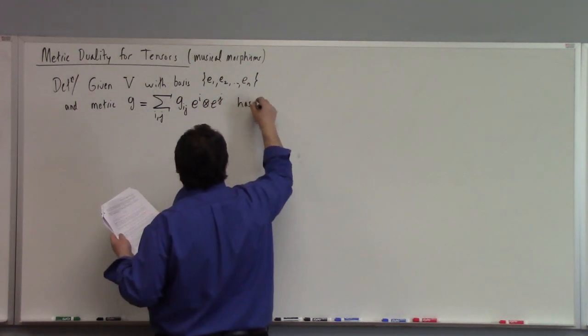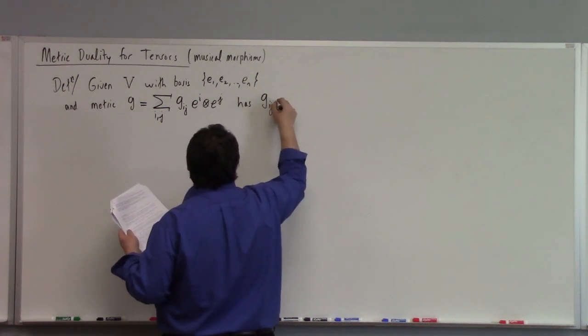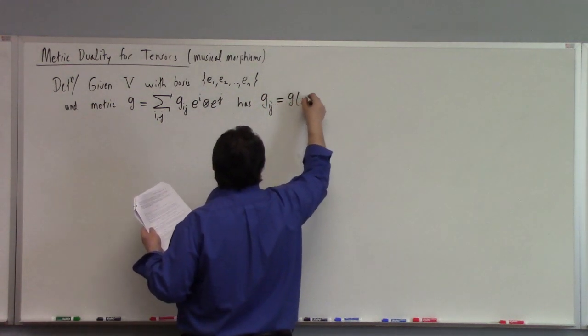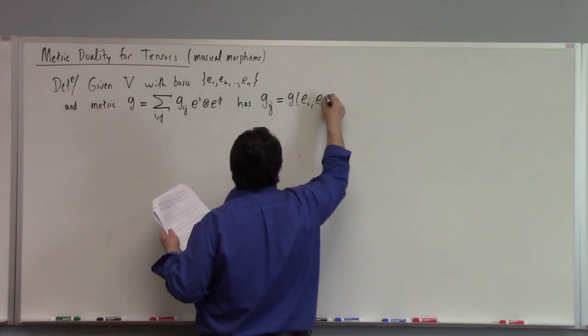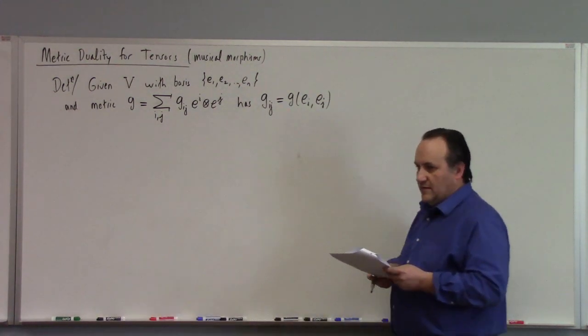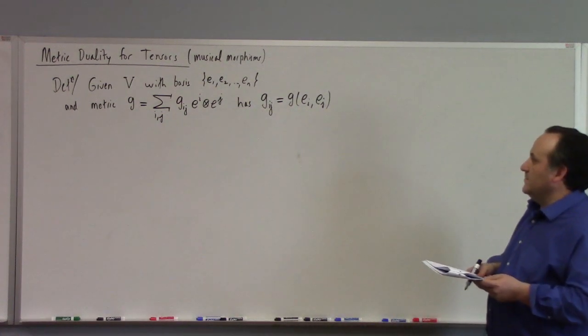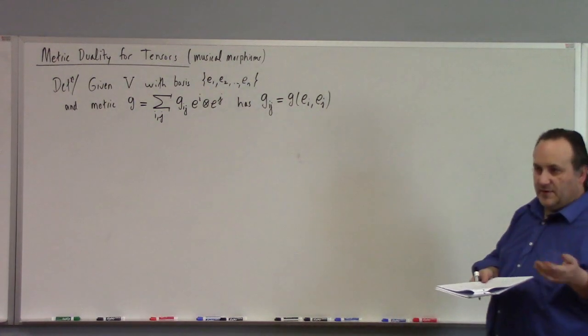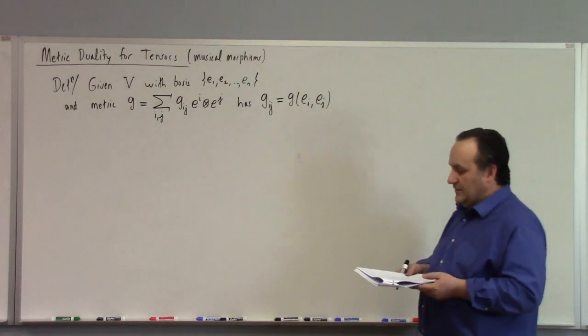How's Gij equal to? That's equal to G of E lower i, E lower j, per our discussion last class. I'm not saying anything really new here. You know that this is symmetric as well, because it's a metric.